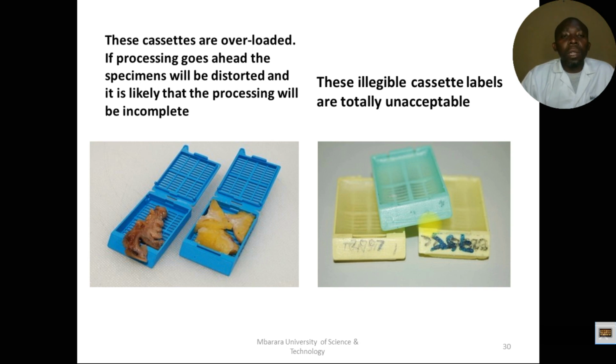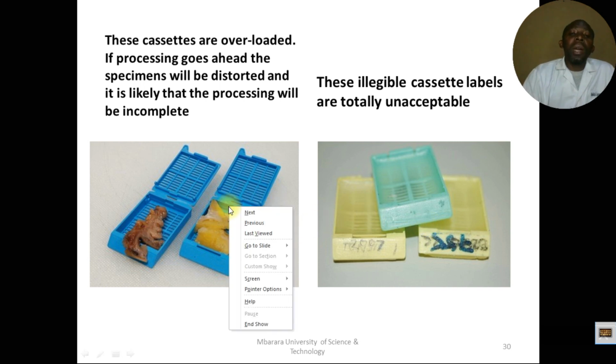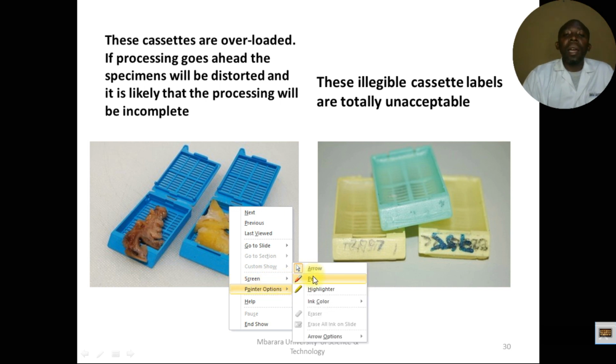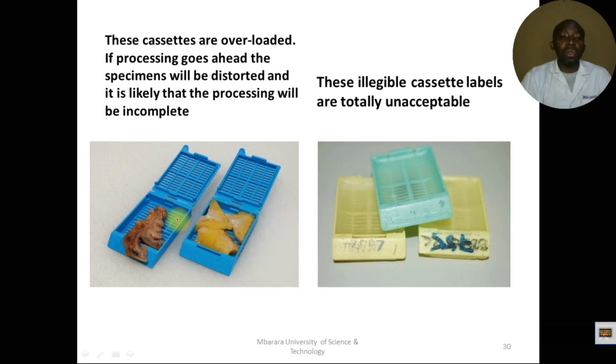So we have two images here with different illustrations. The image on our left shows cassettes which are overloaded, and with this overloading, one, we cannot close the cassettes, and the tissues may easily pour out. You see, one part of the tissue is even out. This is not acceptable. So we should make sure that we cut small pieces of tissue that fit very well.